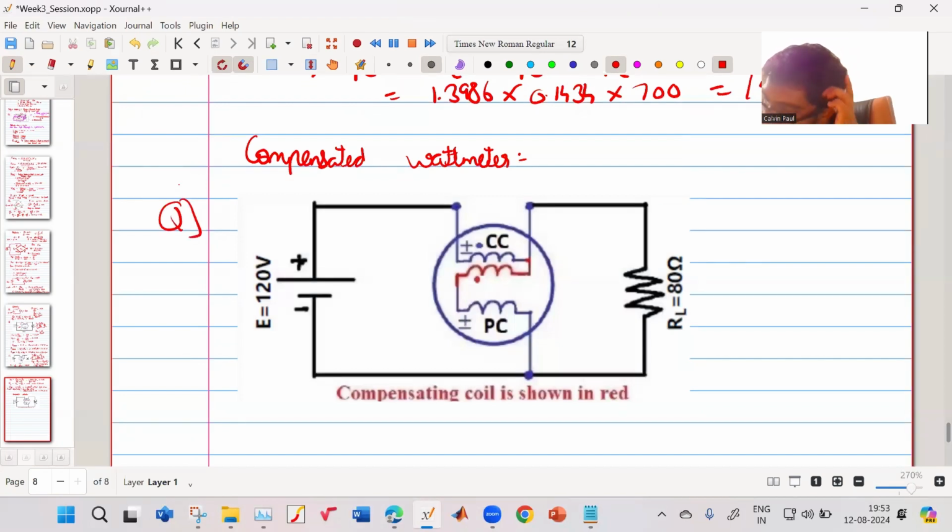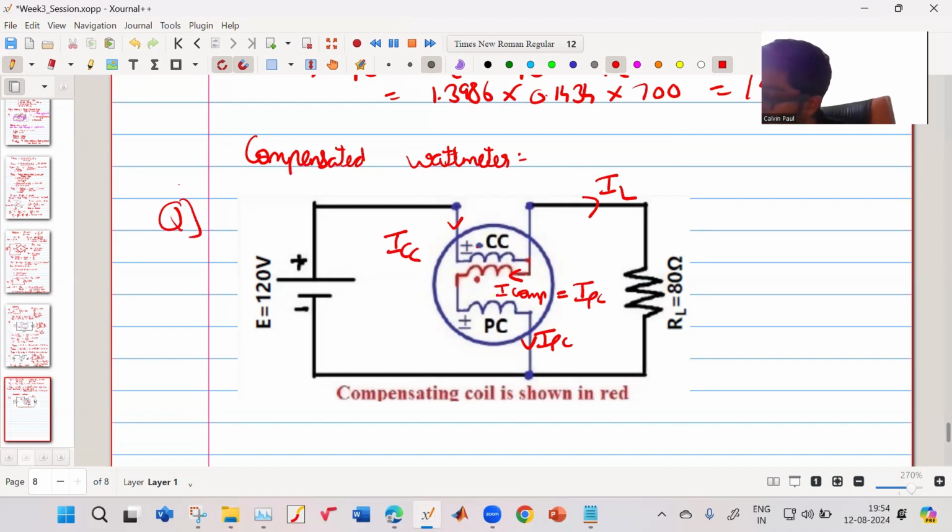Okay. So now, how is my circuit? This is the current to the current coil. This is the current to the pressure coil. This is the current to the load. There is the current going to the compensating coil. And that current is actually the current to the pressure coil.